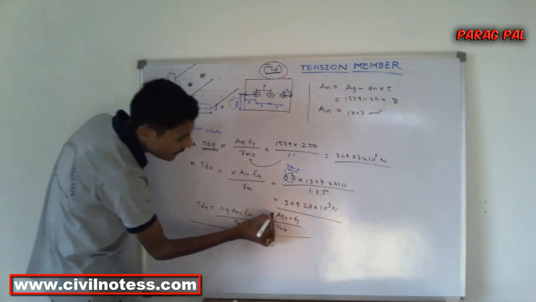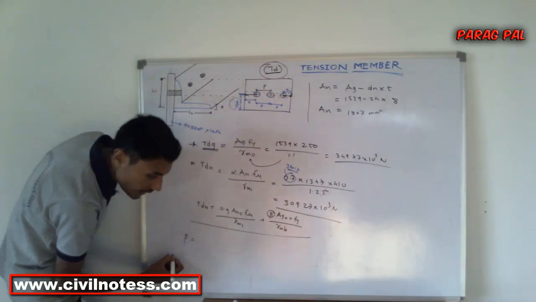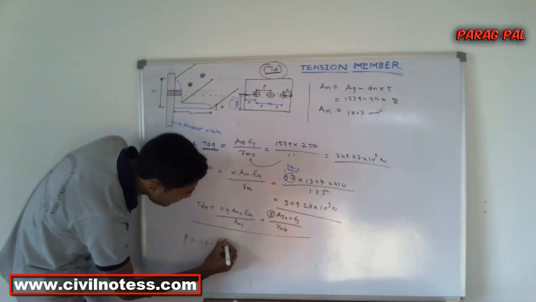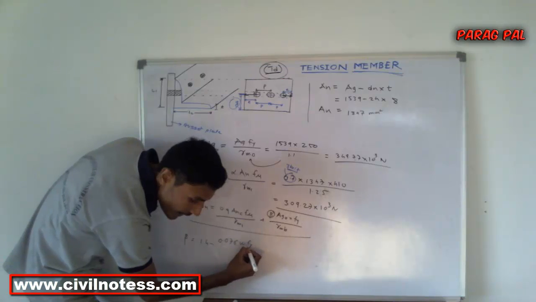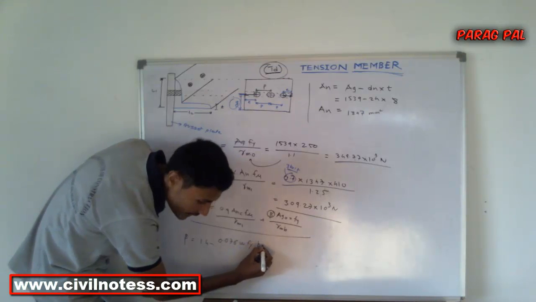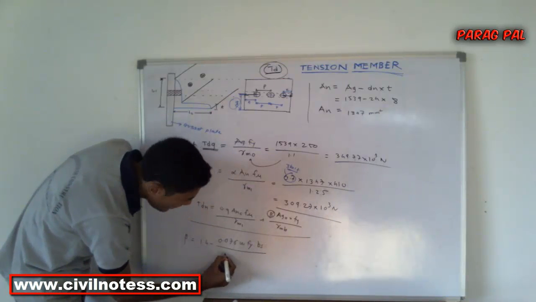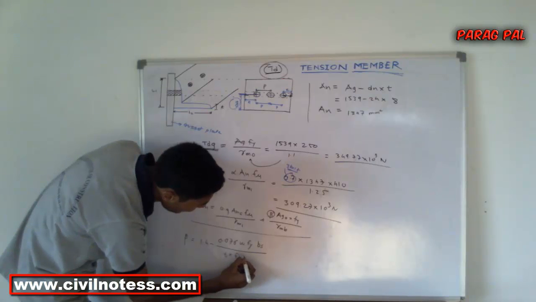For that you have to determine beta, and the beta formula is beta equals 1.4 minus 0.076 into W Fy BS, divided by thickness multiplied by Fu multiplied by LC.